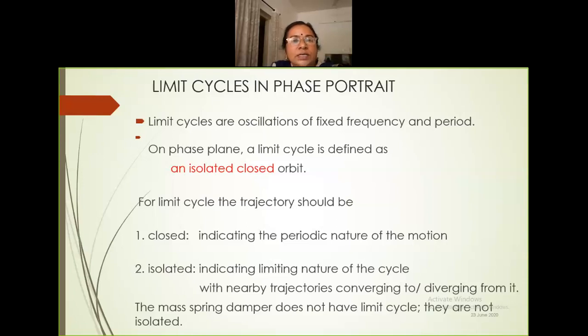Limit cycles are oscillations of fixed frequency and magnitude. On the phase plane, a limit cycle is defined as an isolated closed orbit. For a limit cycle, the trajectory should be closed, indicating the periodic nature of the motion.